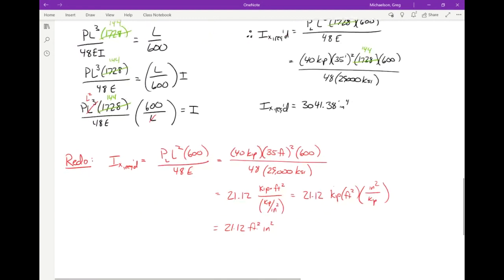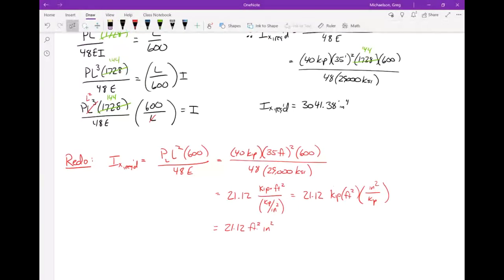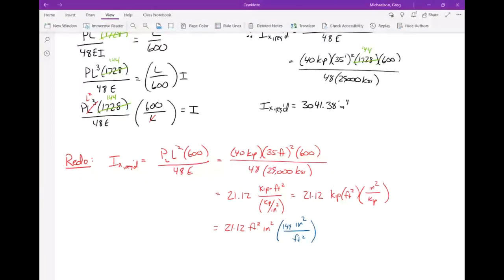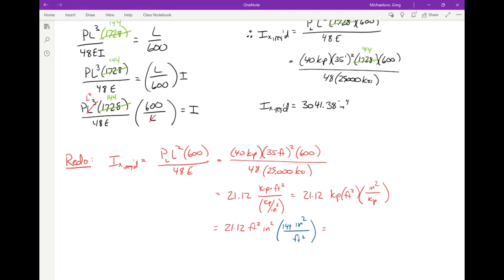Now, this is a moment of inertia, so the moment of inertia needs to be in inches to the fourth. So we need another inches squared on the top. We need to get rid of that feet squared, and the way that we do that is 144. But my apologies on that. I know that was probably not the clearest. And so 144 is 3041.38 inches to the fourth.